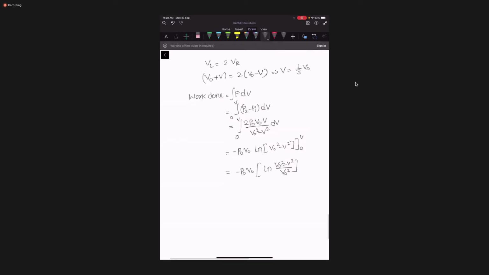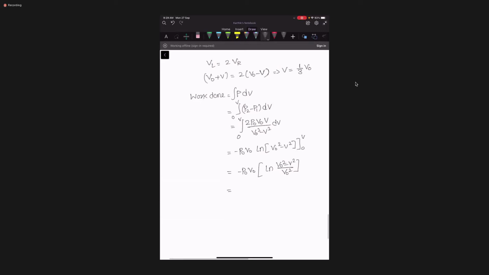Correct? So if we substitute V as 1 by 3 V naught, substituting it means 8 by 9. Minus P naught V naught log 8 by 9.